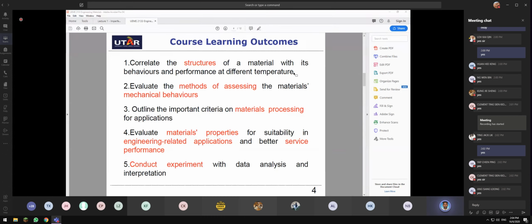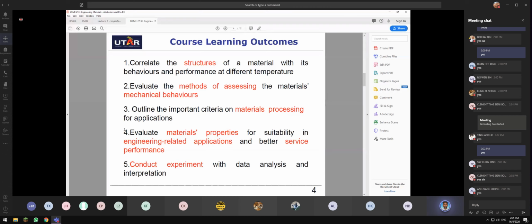The second is to evaluate the methods of assessing the material's mechanical behavior, which is covered in the fundamentals of engineering materials, the first part of this subject. The third one is to outline the important criteria on material processing application, which is the third part of this subject, the manufacturing part.